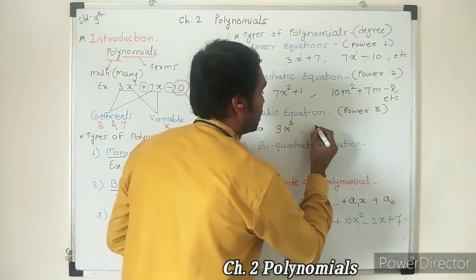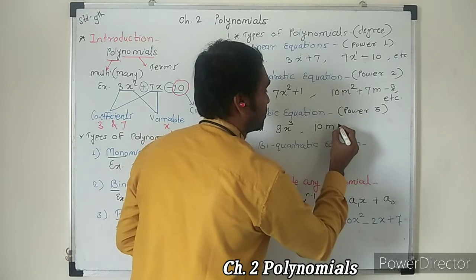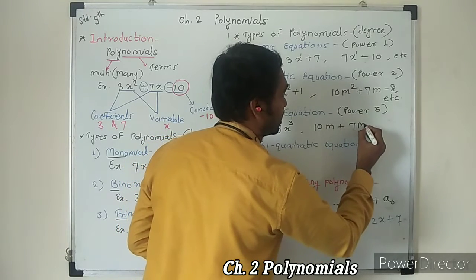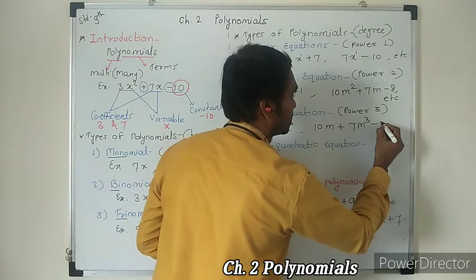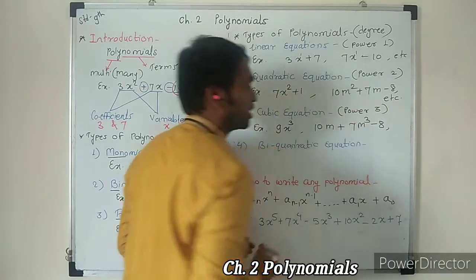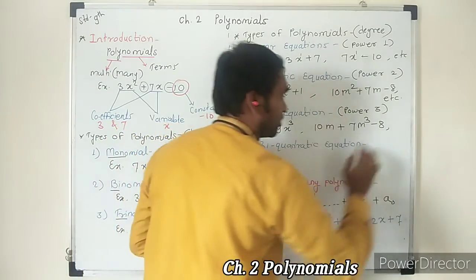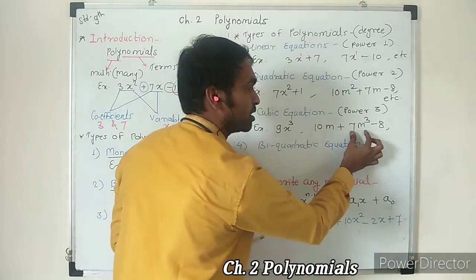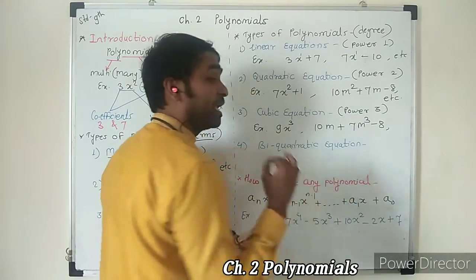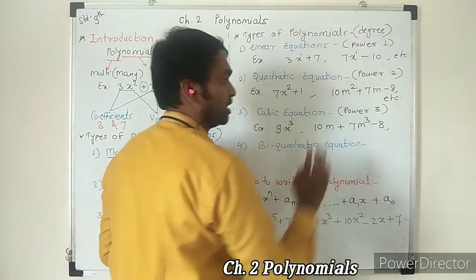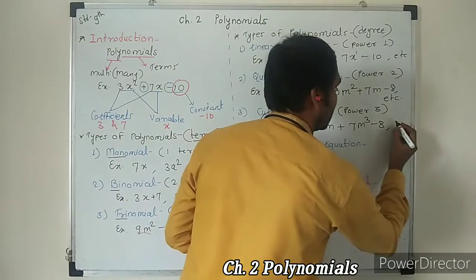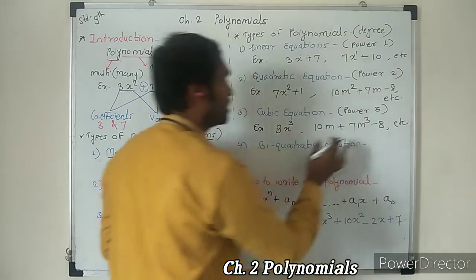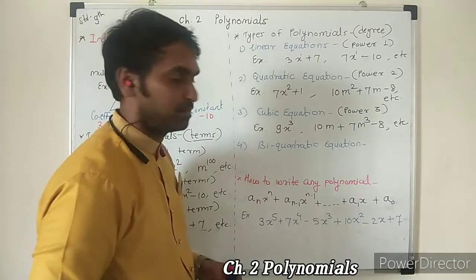Next one, 10m plus 7m cube minus 8. In this equation, the term with the highest degree is 7m cube, so the highest degree is 3, that is power 3. That is an example of a cubic equation.